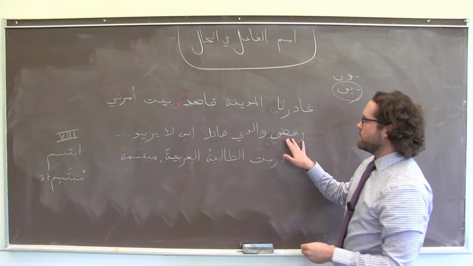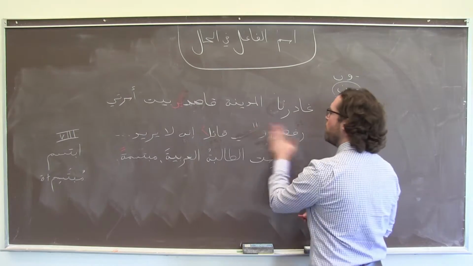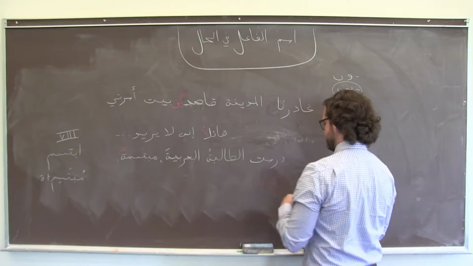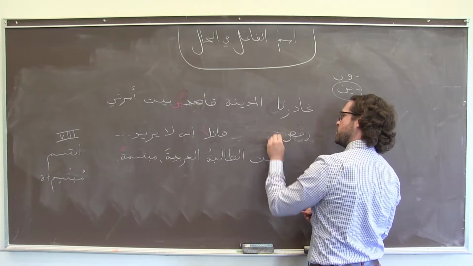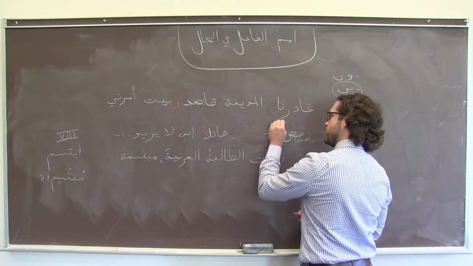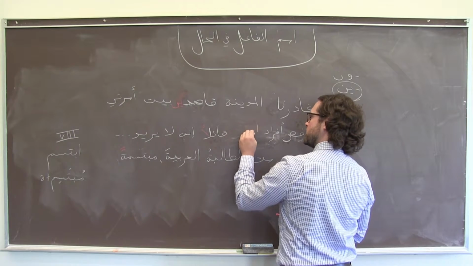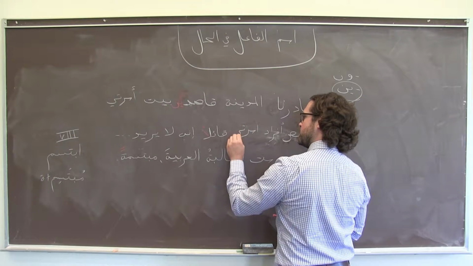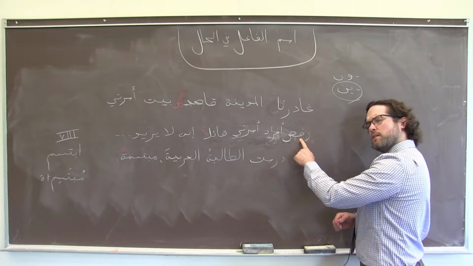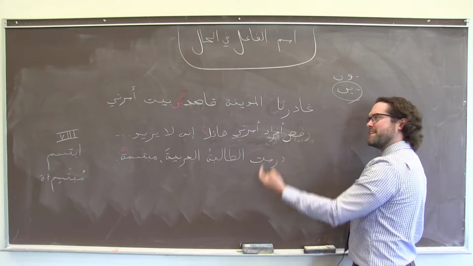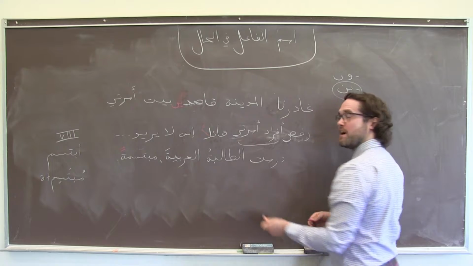Same thing here. If my whole family refused, رفض أفراد أسرتي. رفض is conjugated in the singular because it comes before أفراد أسرتي.